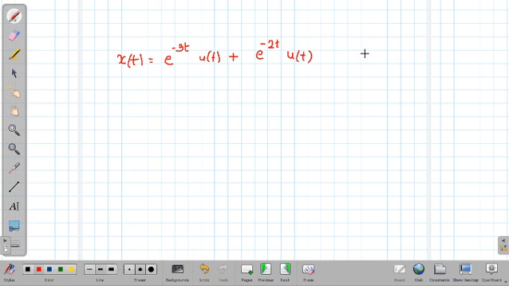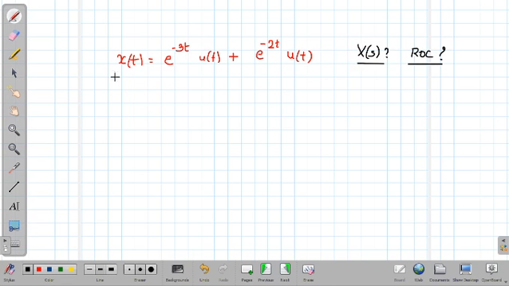The question is what is x of s, the Laplace transform, as well as the region of convergence. From the lectures you already know that without the region of convergence the Laplace transform is not complete, and hence you must always define the region of convergence of the Laplace transform.